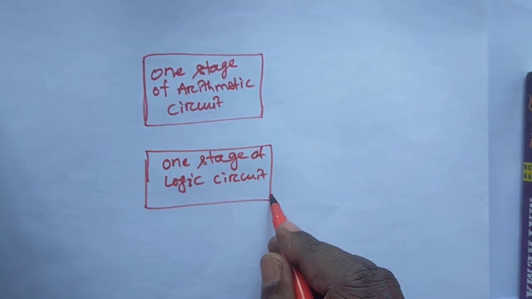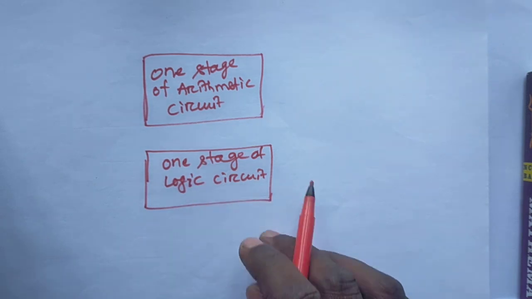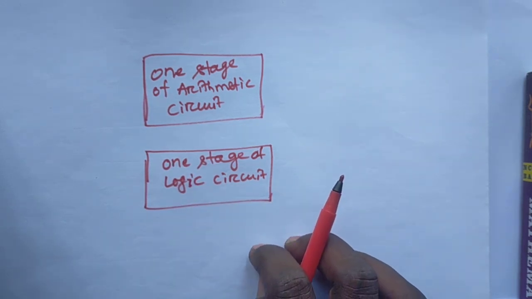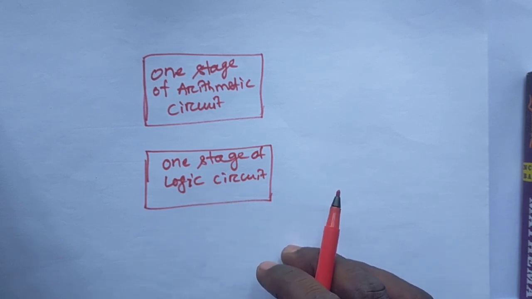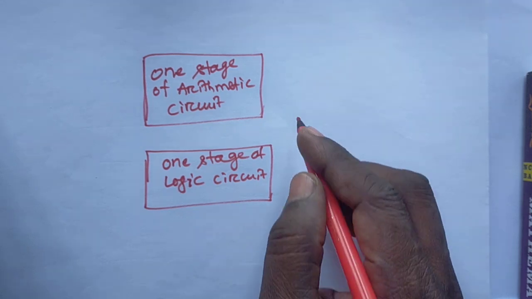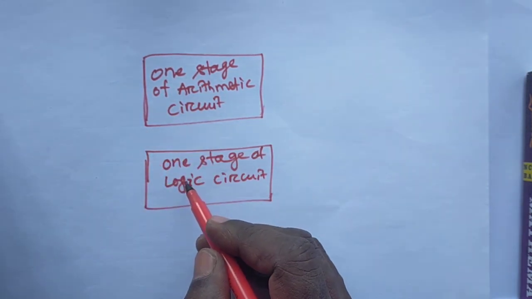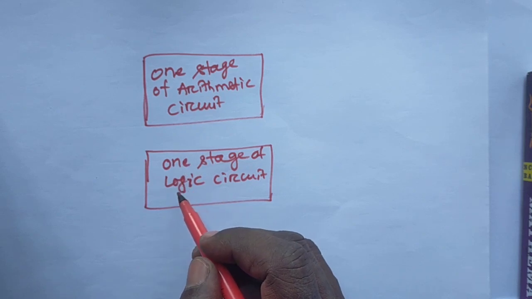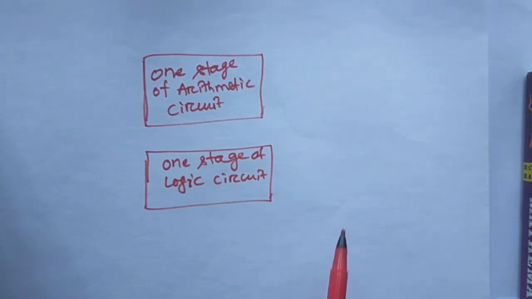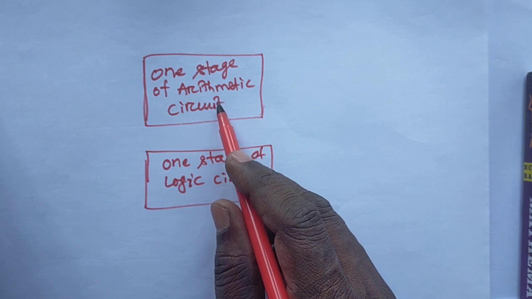So why is one stage of logic circuit considered? Because a number of logics are there: AND, OR, XOR, NOT, defined here. Okay, now we will see some components. One output from here, another output from here. What are the inputs? Okay, from this I told previously that you either choose this one or this one.